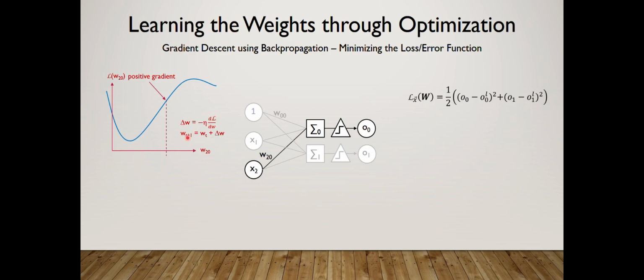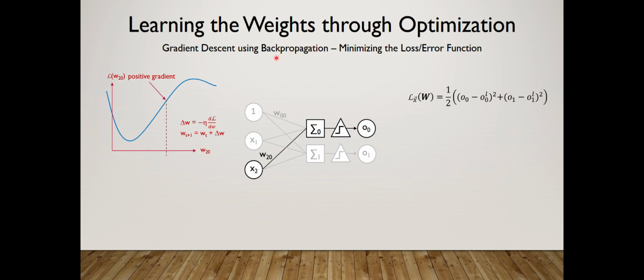So the weight at the next iteration is the weight from the previous iteration plus this delta W. The problem with this, of course, is that we don't have this term, we'll have to calculate it. Eta, the learning rate, we can set, but this term remains to be done by us. And this is where backpropagation comes in.